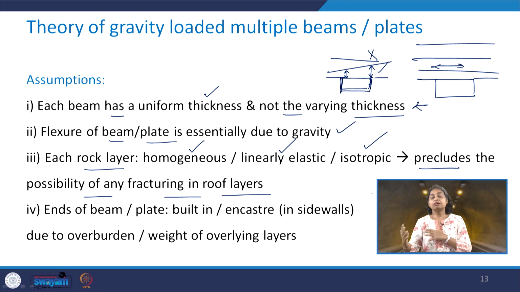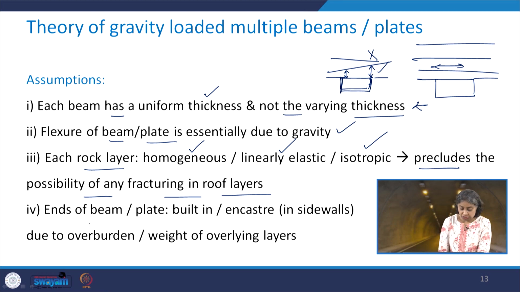Although later on many research workers have talked about fracturing in roof layers, that is a matter of research. To start with, we are going to consider a very simple case where each rock layer is homogeneous, linearly elastic and isotropic, and hence there is not going to be any fracturing in roof layers.